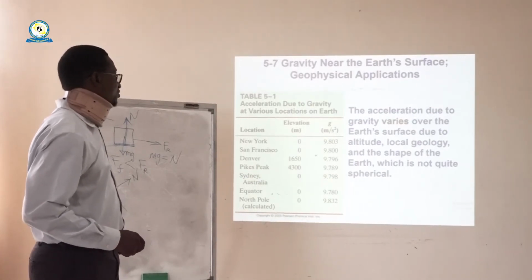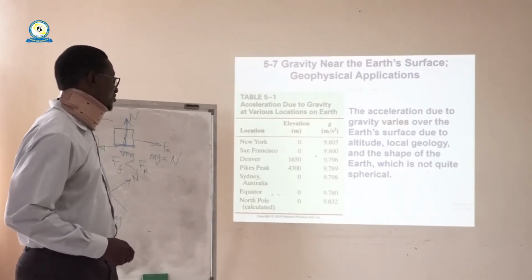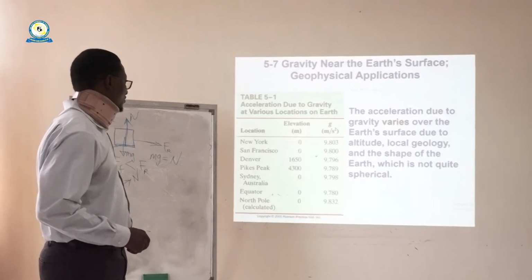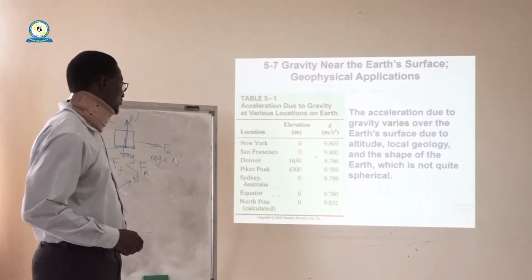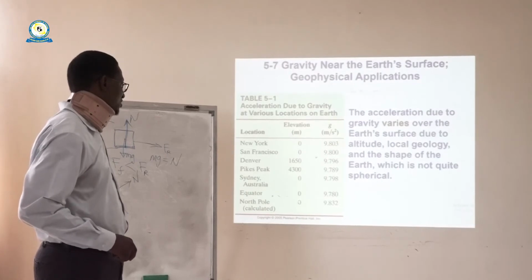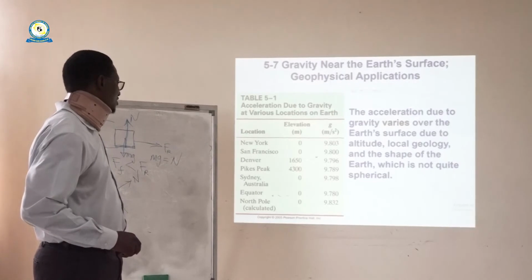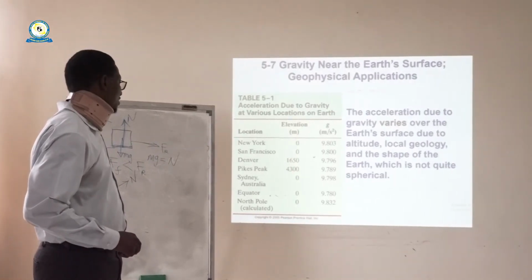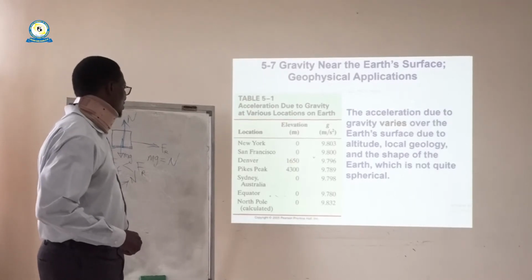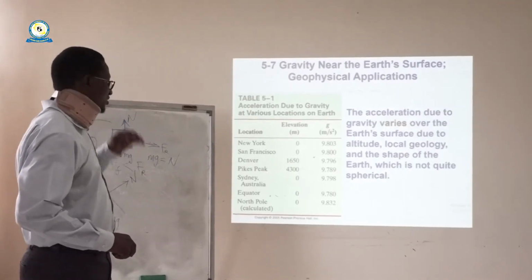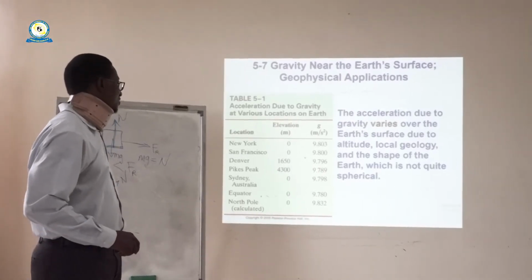The acceleration due to gravity varies over the Earth's surface due to altitude. You can see altitude 0 is very close. This is a bit far. Denver elevation is high. Pikes Peak, very high elevation, and the value is this one.